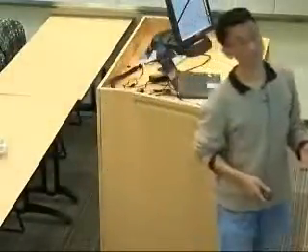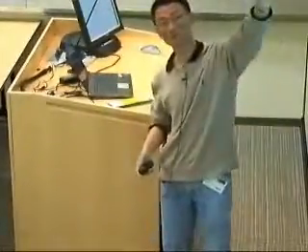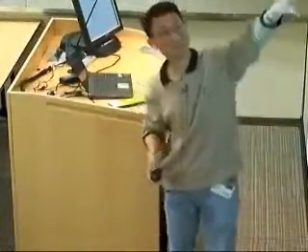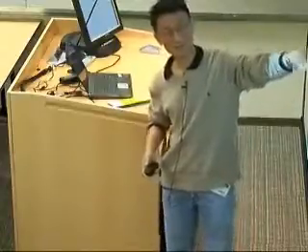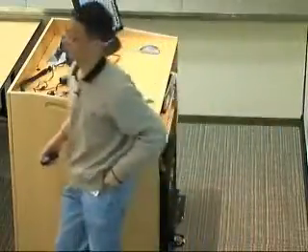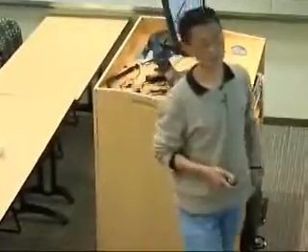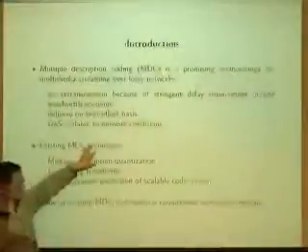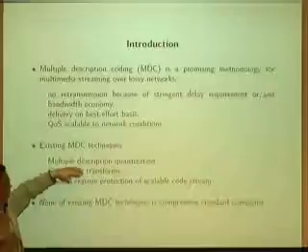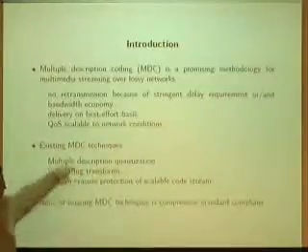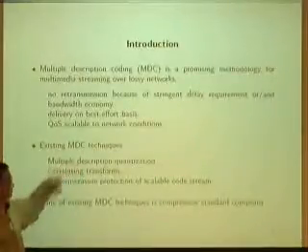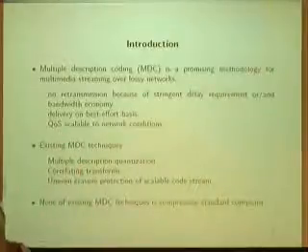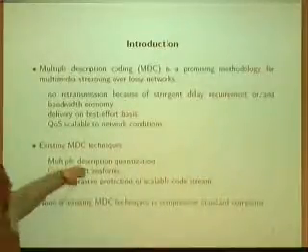I'm not going to give a comprehensive review of this class of techniques. Instead, I just highlight some of the common methods for multiple description encoding for multimedia. The probably oldest, quite well-studied multiple description encoding techniques are based on multiple description quantization. So we have a multiple description scalar quantizer and a multiple description vector quantizer.